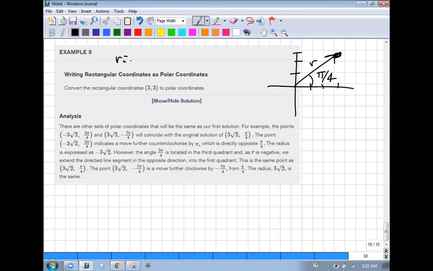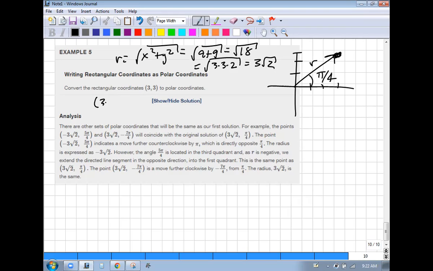Well, r is the square root of x squared plus y squared, right? X is 3, y is 3. This is the square root of 18. 18 is 9 times 2. This is 3√2. There's r.